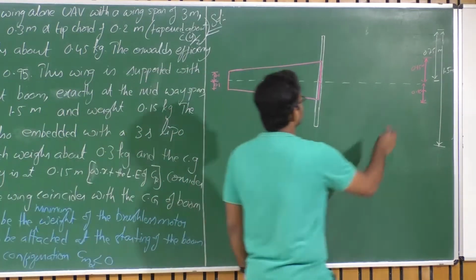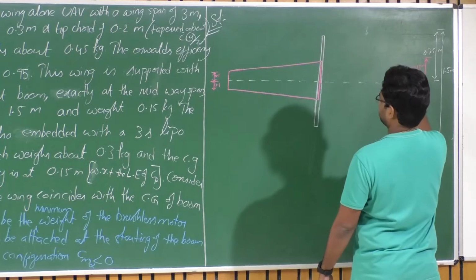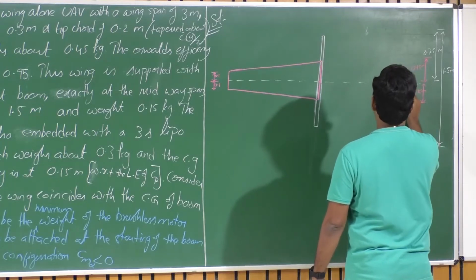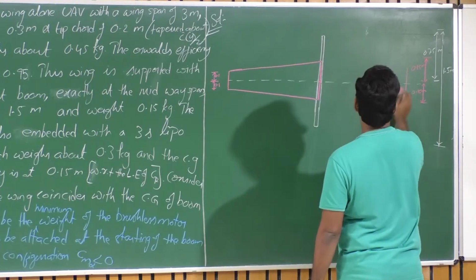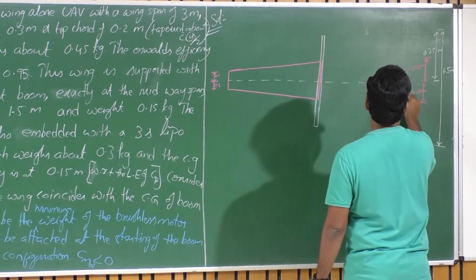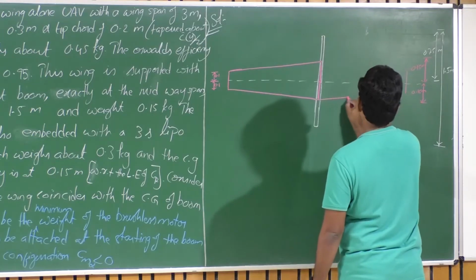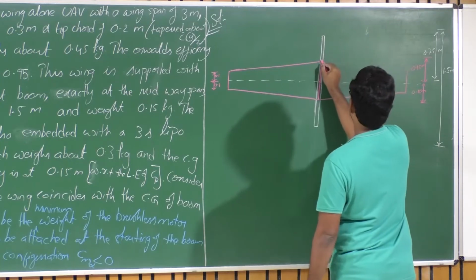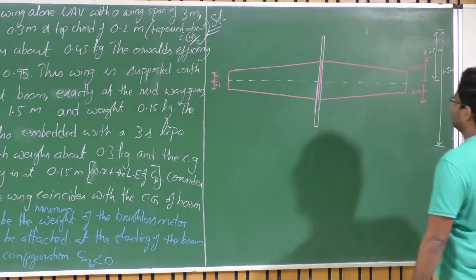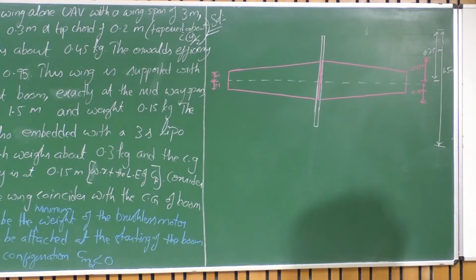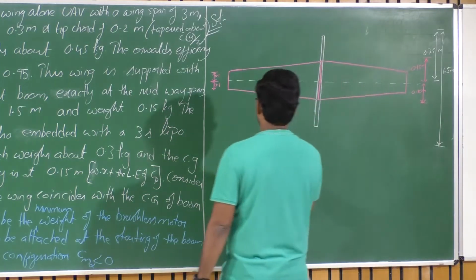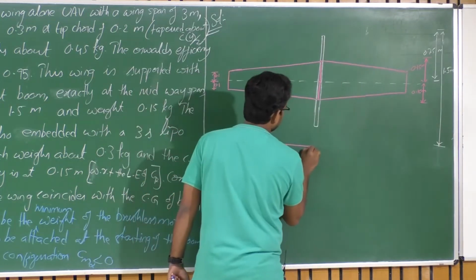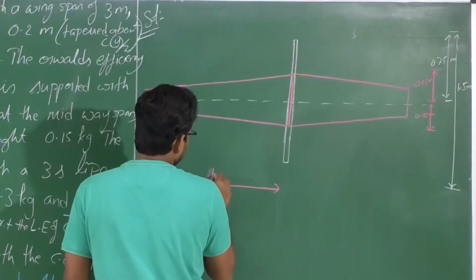Similarly here you can assume, this is my wing of this UAV, and the span of the wing is given as 3 meters.